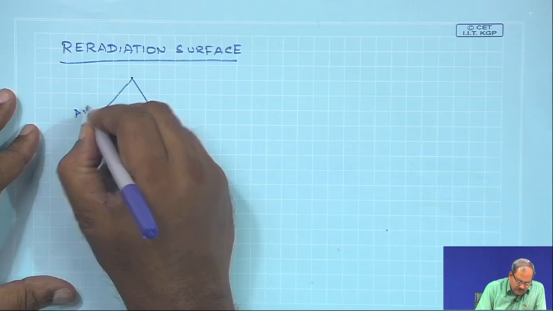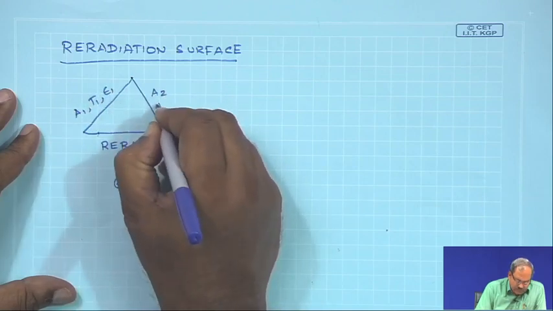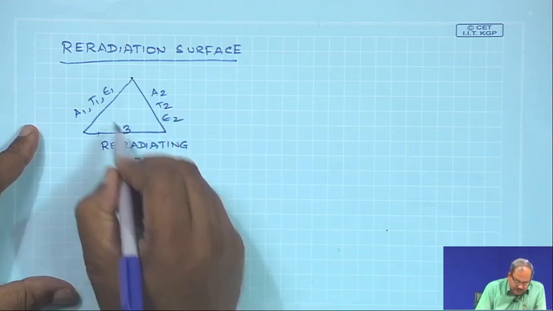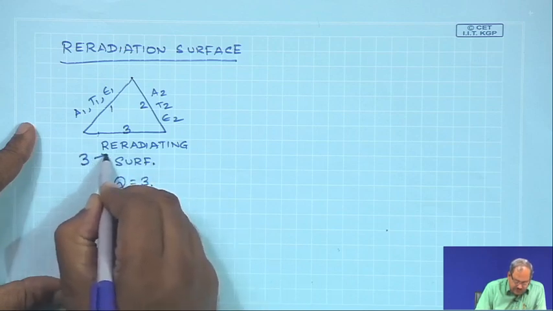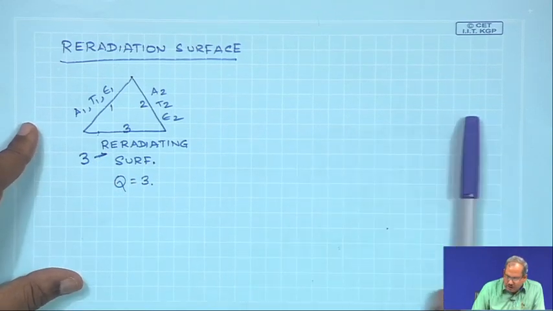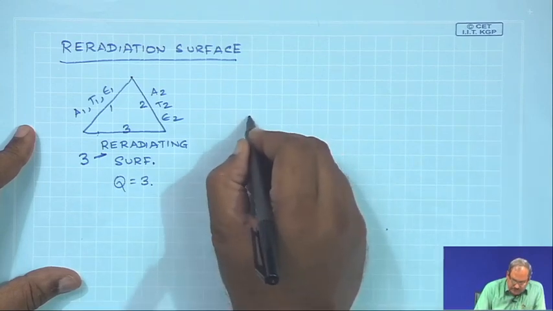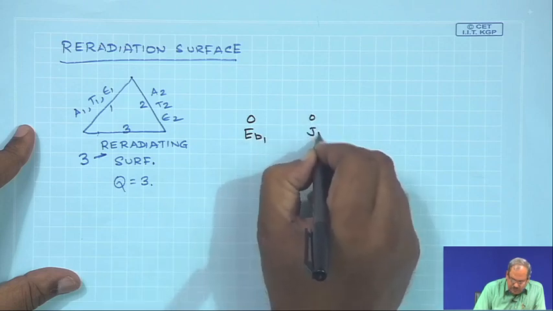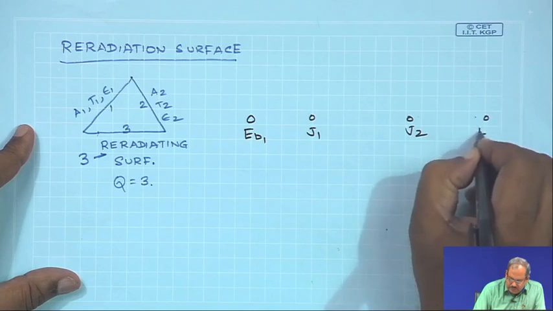So, you have A1 T1 epsilon 1, A2 T2 epsilon 2, but this surface 3. So, this is 1, 2 and 3, surface 3 is a re-radiating surface. So, how would the circuit look like in that case? So, you have EB1, you have J1, this is J2, this is EB2.